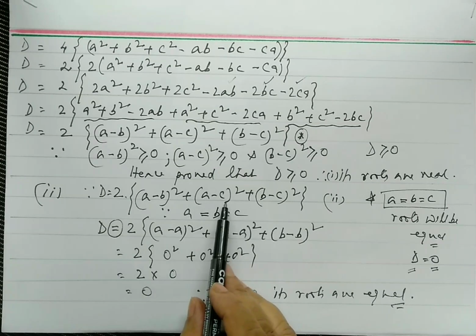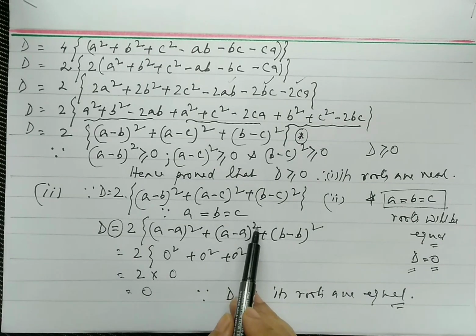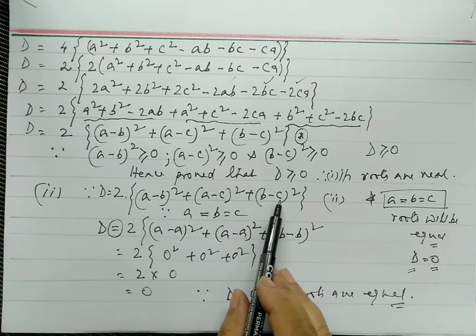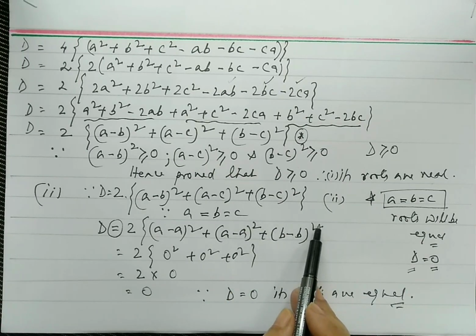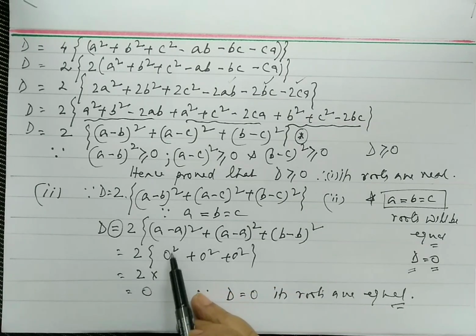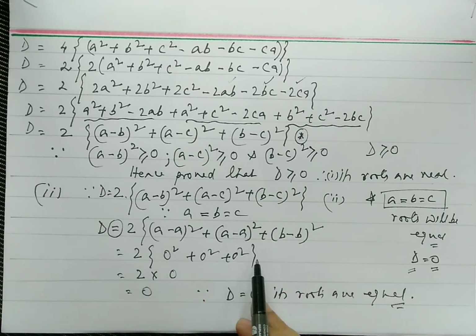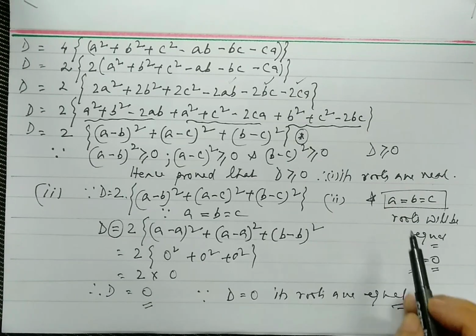If A is also equal to C, then we can write (A - A)². And if B is equal to C, can we not write (B - B)²? Which means 0 from here, 0 from here, 0 from here. So when we square them up, we get 0 obviously. So 2 into 0 is 0, which means our D, therefore, D is equal to 0.